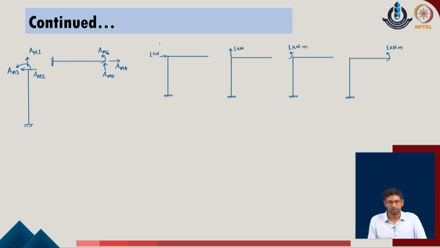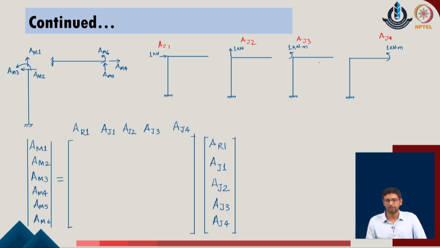So, over here we bring in AJ1, AJ2, AJ3 and AJ4 of the given problem. For each of these cases, we apply a similar set of forces and calculate the free body diagrams of the system, and our intention is to calculate the forces in the direction of the individual AM1 to AM6 components.